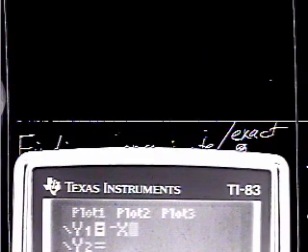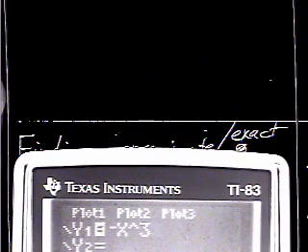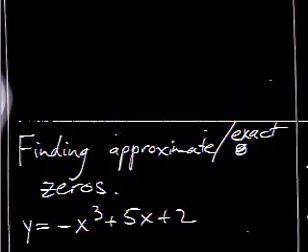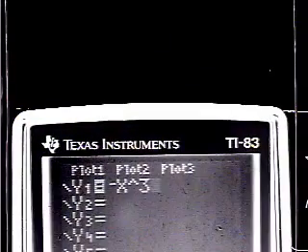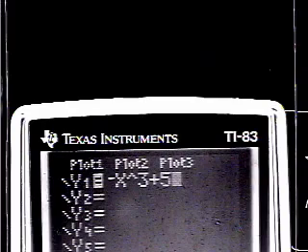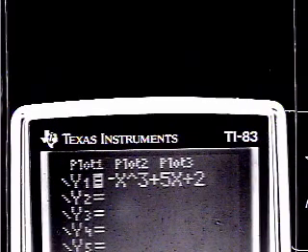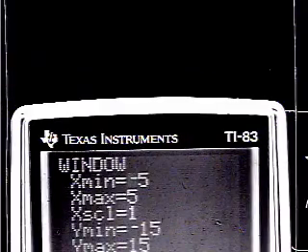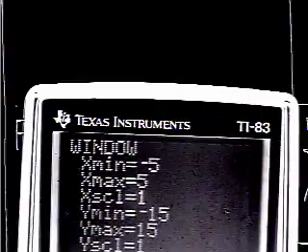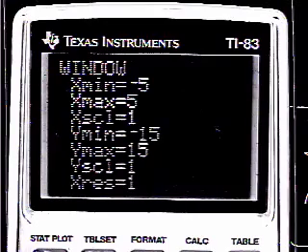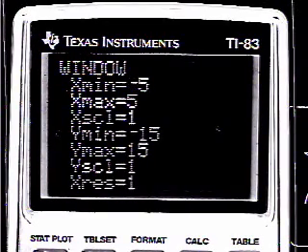Negative x to the third plus 5x plus 2. Check my window out. Yeah, I like that window. It's going from negative 5 to positive 5 in the x direction and negative 15 to positive 15 in the y direction. If you need to get your calculator set, pause the video so you can get it set. I'm going to go ahead and graph this.